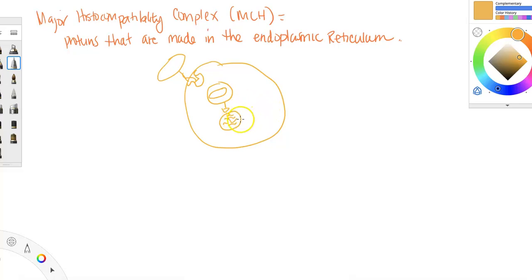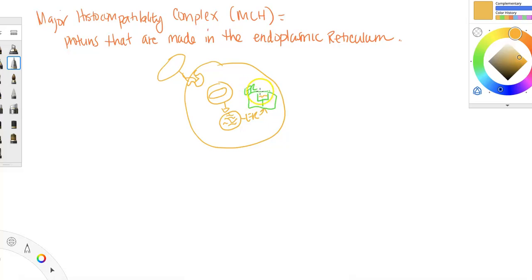And once that's done, it goes into the endoplasmic reticulum where the MHC are, and these protein parts go in there and they are matched up and displayed on an MHC1 platform.